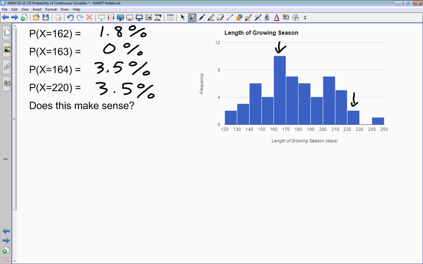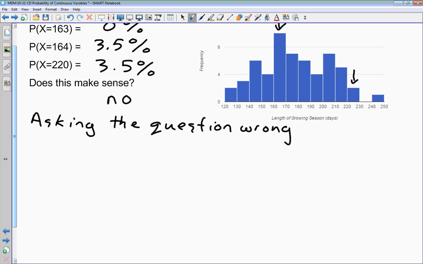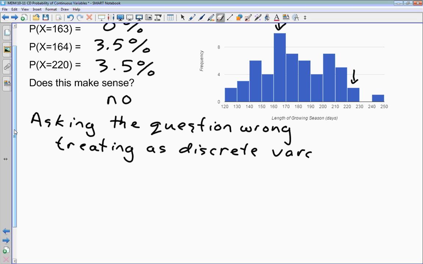I'm going to answer my own question here and say that this doesn't really make sense. Part of the problem is that we're asking the question wrong. I have been treating this growing season as a discrete variable, and I really want to think of it as a continuous variable.